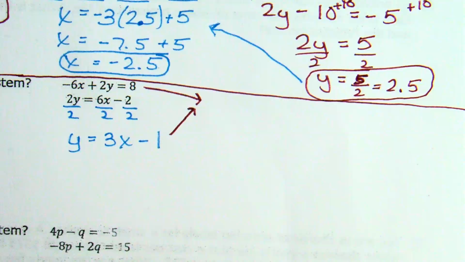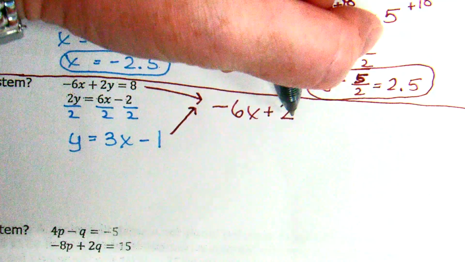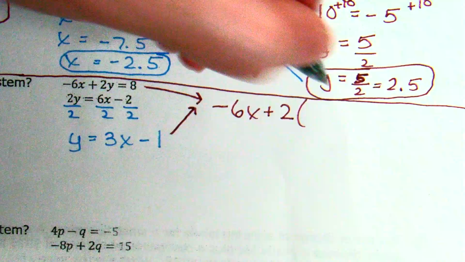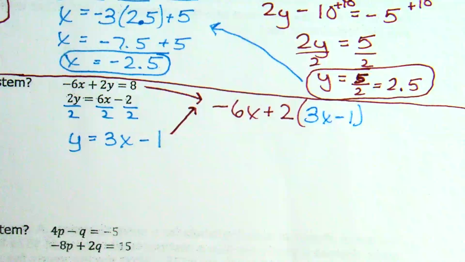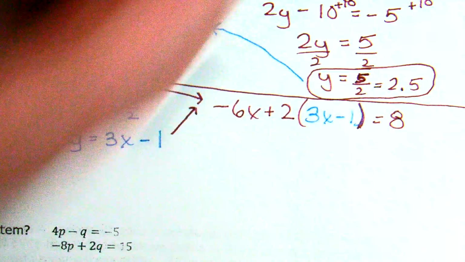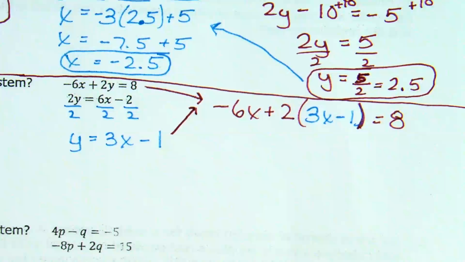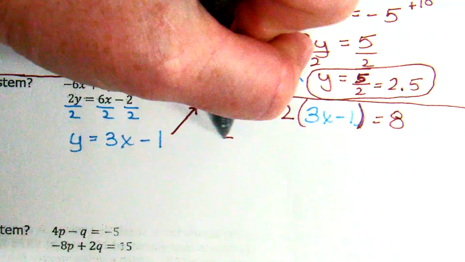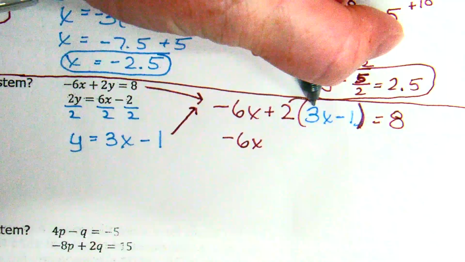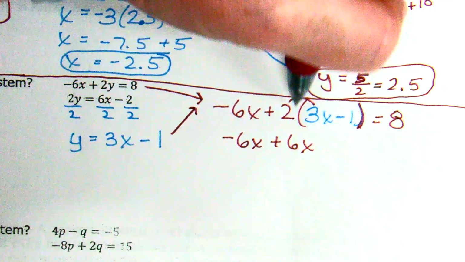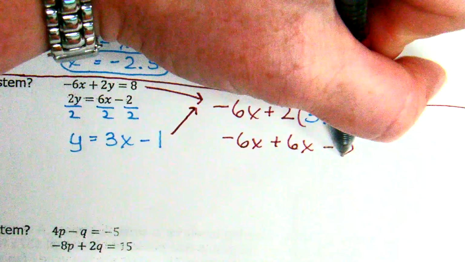So my other equation, -6x plus 2y, except y is 3x minus 1, still equals 8. Same old steps, right? -6x stays -6x. 2 times 3x plus 6x. 2 times -1 minus 2 equals 8.